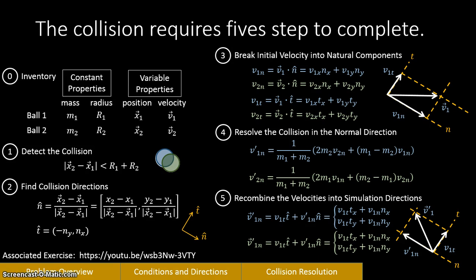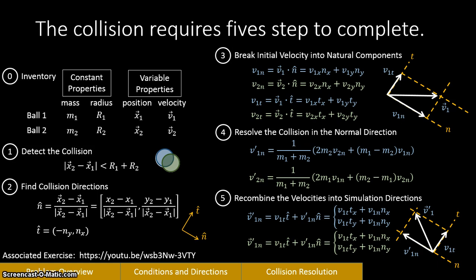But sometimes it's just easier to use a coordinate system particular to a situation. In this case, each collision between a billiard ball and another billiard ball will have its own coordinate system, its own normal and tangential direction. To find these coordinates, we just look at the projection. The projection of a vector is the dot product of that vector with the unit vector in the direction of the projection.